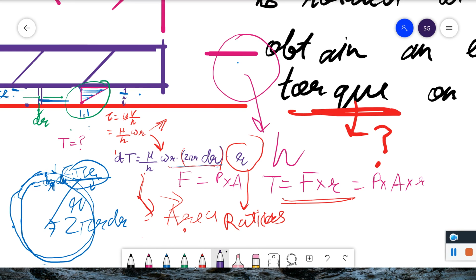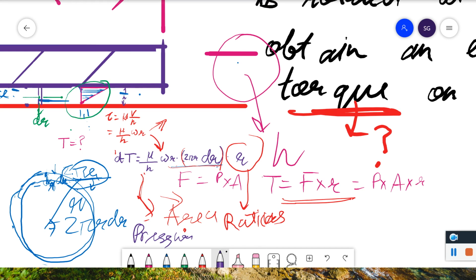This is pressure, this is area, and this is radius. Okay. So our half work is done.